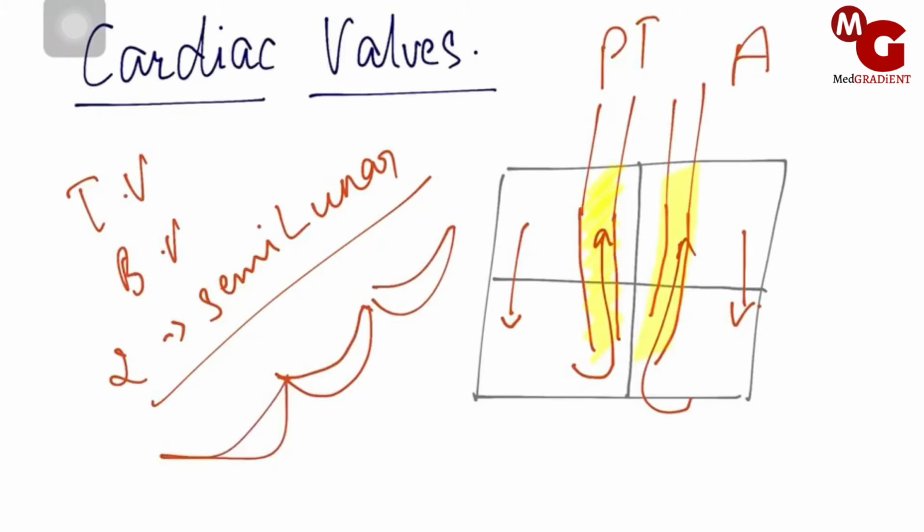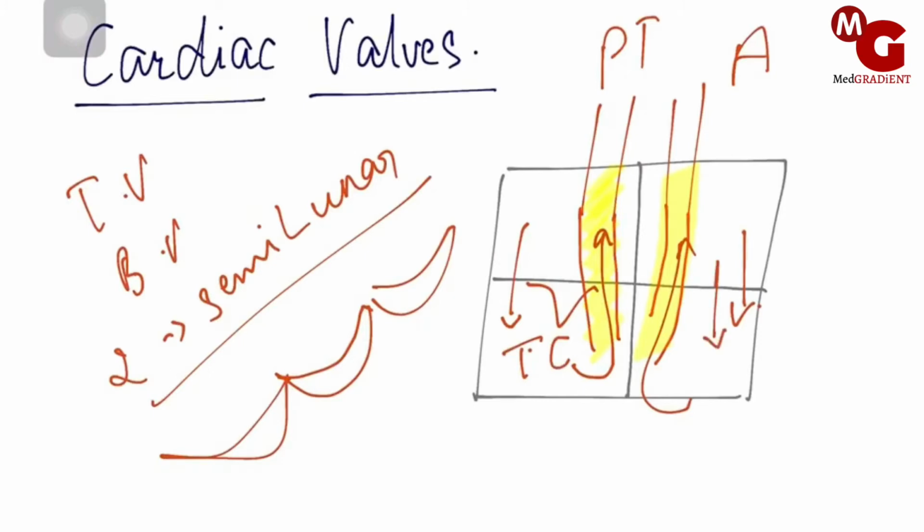Now where is the tricuspid valve located? The tricuspid valve is located in the right portion of the heart, that is, it's the right atrioventricular valve. Now where is the bicuspid valve located? The bicuspid valve is located in the left atrioventricular region.